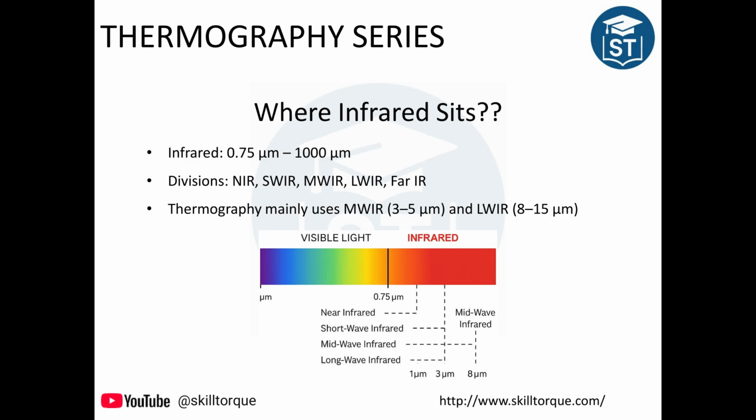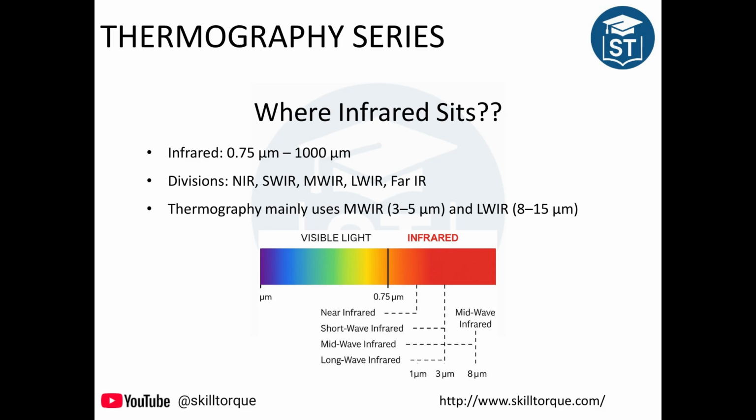This near infrared has a wavelength between around 0.7 to 1.4 microns, and the next one is the SWIR, the short wave infrared, which lies from 1.4 to 2.5 or 3 microns. The next one is the MWIR, known as the mid wave infrared, which lies around 3 to 8 microns.